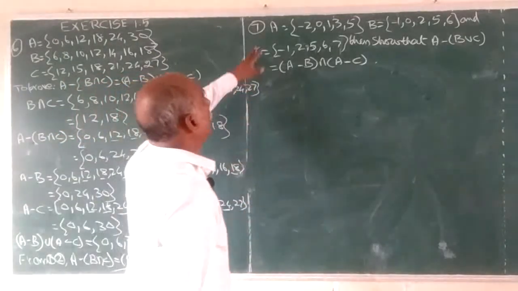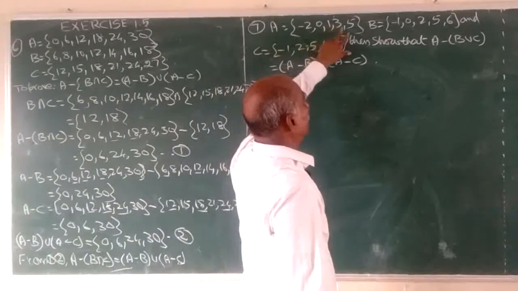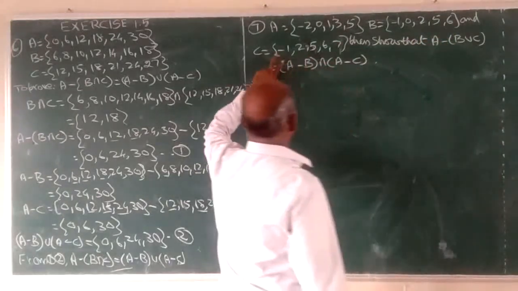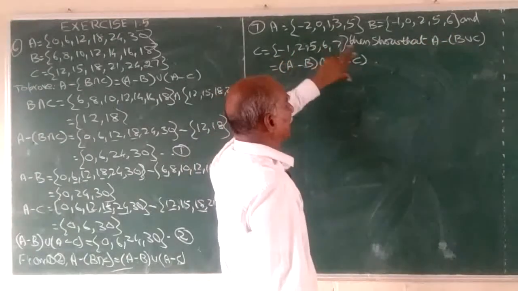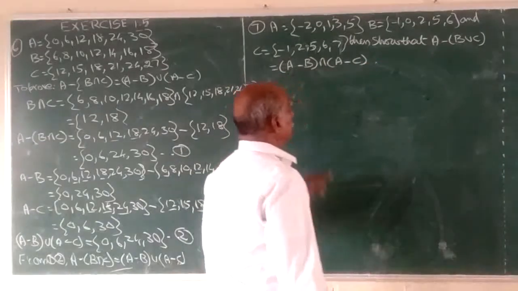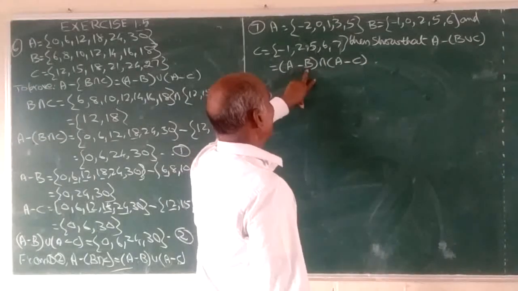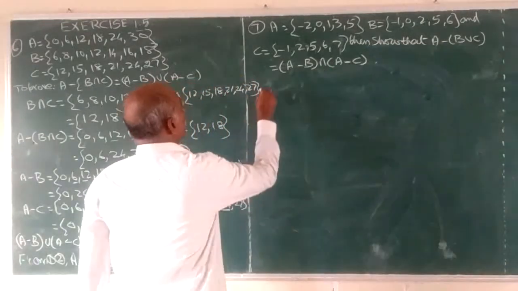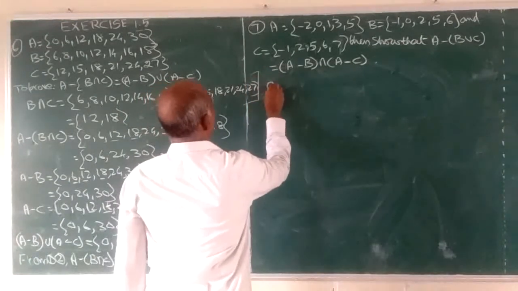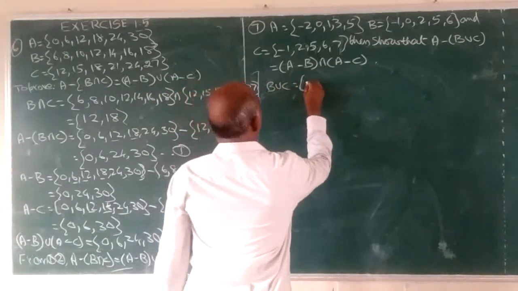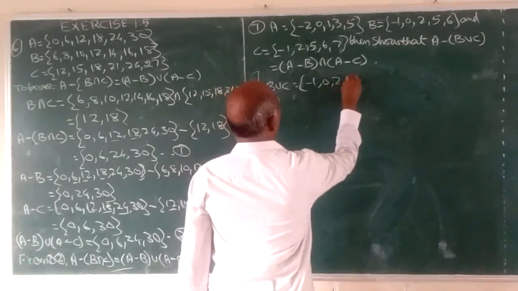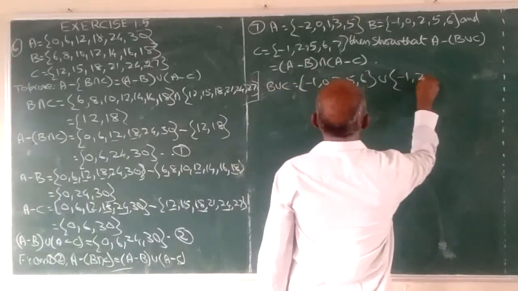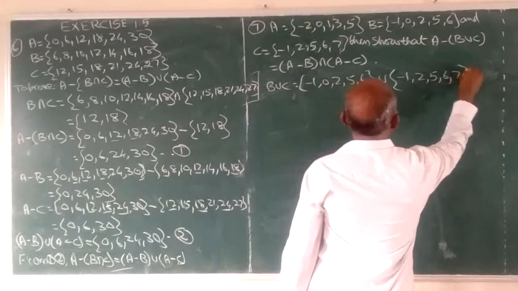In this problem, A is -2 0 1 3 5, B set is -1 0 2 5 6 and C set is -1 2 5 6 7. You have to show that A difference B union C equals A difference B intersection A difference C. For LHS we first find B union C. B is -1 0 2 5 6, union C -1 2 5 6 7.